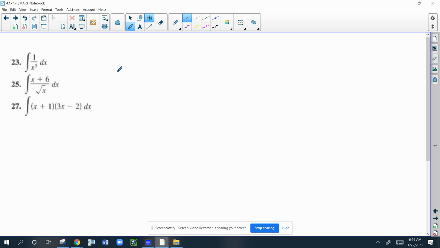Now 25 is a quotient, and we can't integrate quotients, and we will never be able to integrate quotients. That's important. We can always integrate sums and differences as long as we can use the power rule. So what we're going to have to do with this is split it up. If there's one term on the bottom, you can split that up.